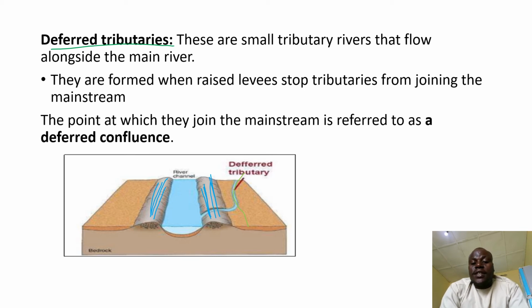The point at which this deferred tributary joins the main river is what we call deferred confluence. If you check on the diagram, if this deferred tributary joins this river, it forms a point we call deferred confluence.